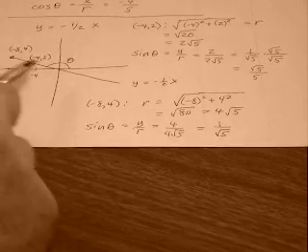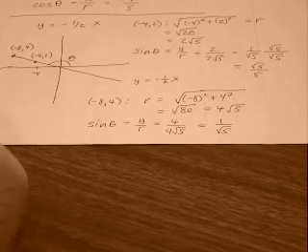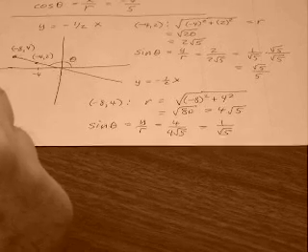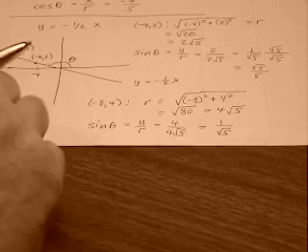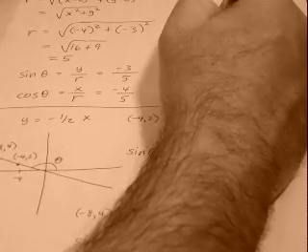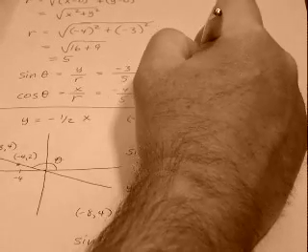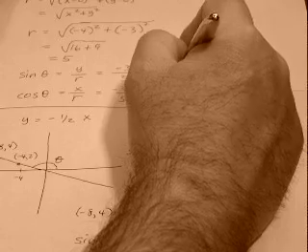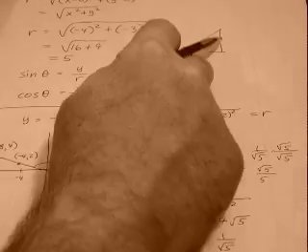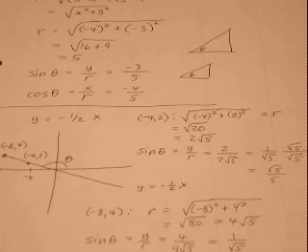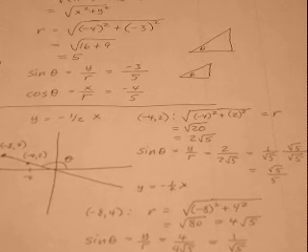So basically this example is telling you that it doesn't matter what point you pick to calculate your sine and cosine and other trig function values, you're going to get the same trig function values. Another way of looking at it would be if you take any right triangle with the same angles in them, let's say that's the same angle theta in both, it doesn't matter what the sizes of these triangles are, you're going to get the same sine and cosine values.